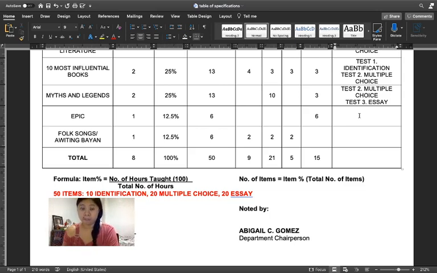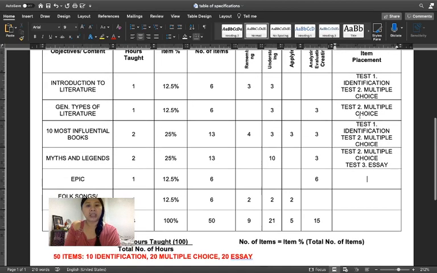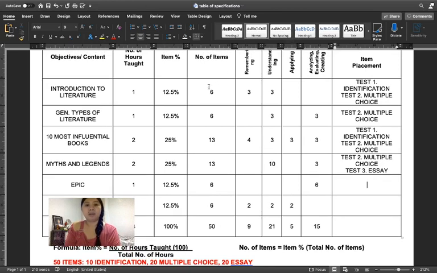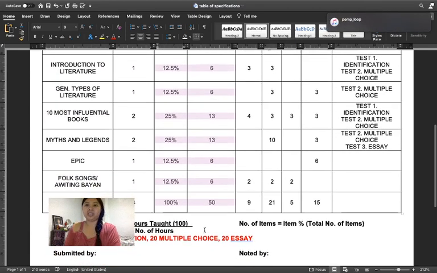Because it's your freedom to put the question wherever you want it to be. Even if it deviates from your blueprint. But you will not change the number of items. These 2 columns. You cannot change this.